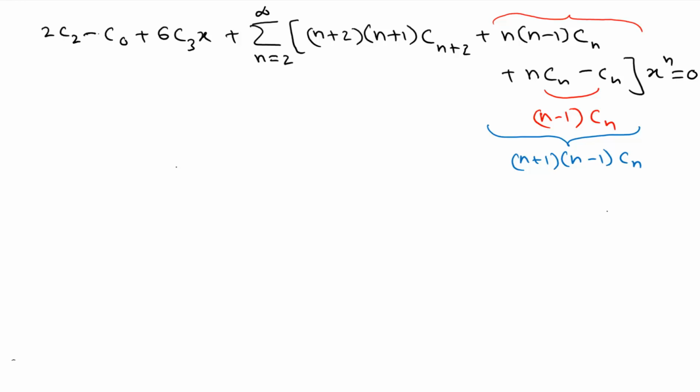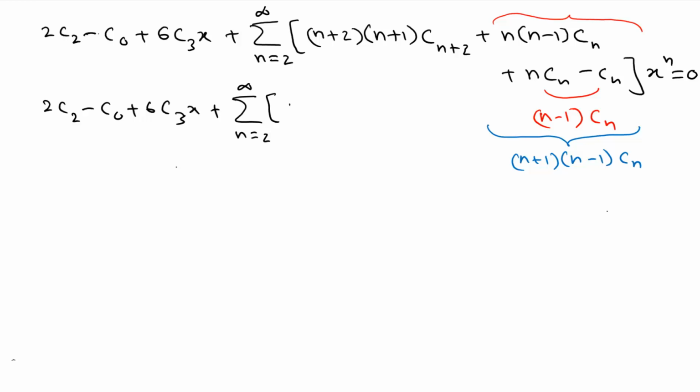Okay, so using that, we can write the final one like this: 2c2 minus c0 plus 6c3x, plus the sum from n going from 2 to infinity.